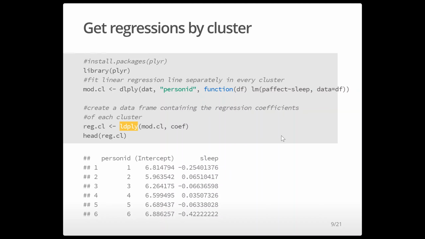And we can do that with this ldply function. So this is going to extract the coefficients from this list, mod.cl. And what this is going to give us is an intercept and a slope for sleep for each person. So this is just a regression of sleep on P affect for each person with an intercept and a slope.